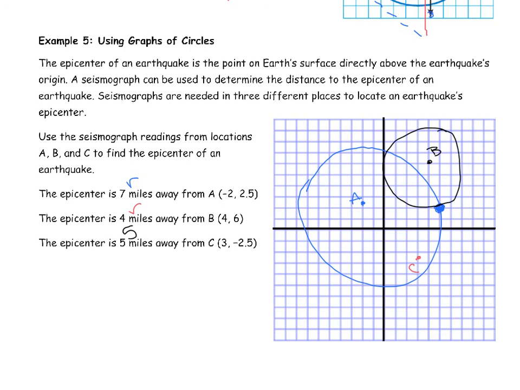And then circle C would look something like this. So where all 3 circles converge is at this point, and this point would be the epicenter, which is 5, 2. Notice, like I said, you would have to use a compass to be able to draw these circles a lot more accurately. So, yay, we're all done.